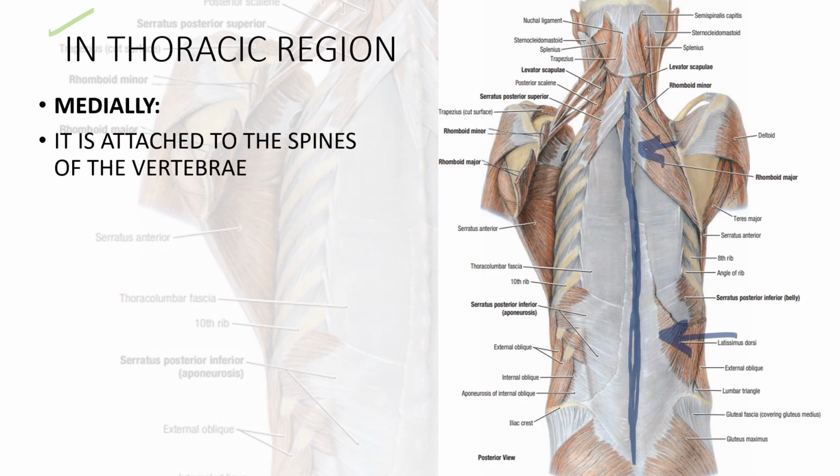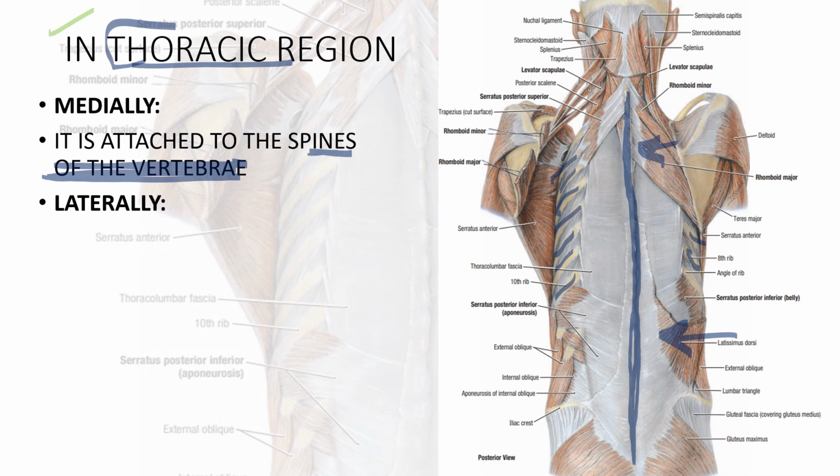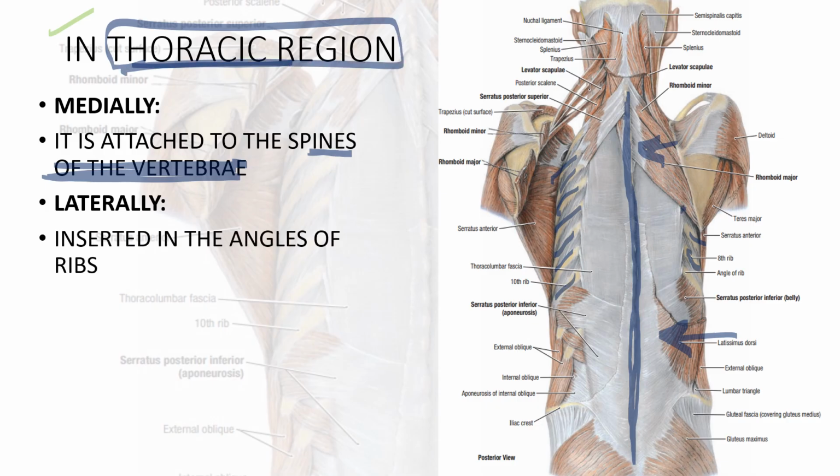So thoracolumbar fascia in thoracic region is medially attached to the spines of the vertebrae. Laterally these are ribs, and we know ribs are present only in thoracic region, not in lumbar. So laterally in thoracic region, this thoracolumbar fascia is attached to the angle of the rib. So students, this thing is the angle of rib.